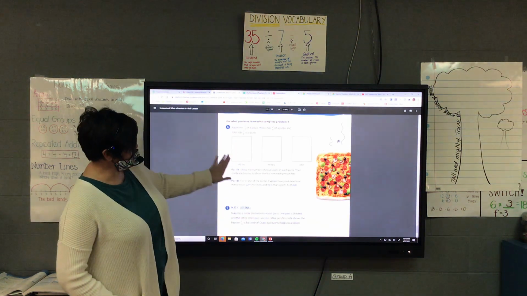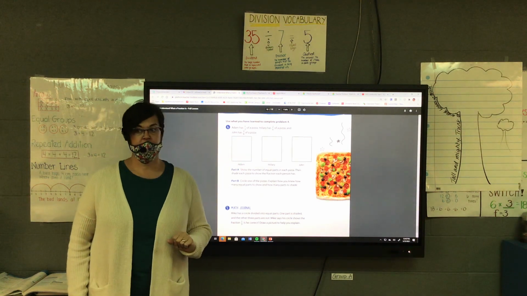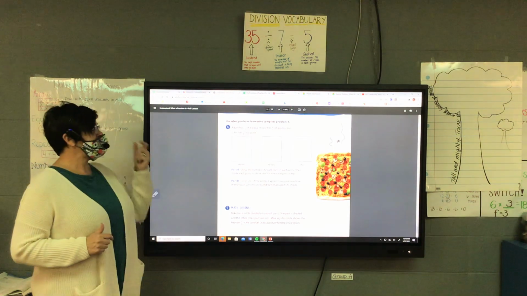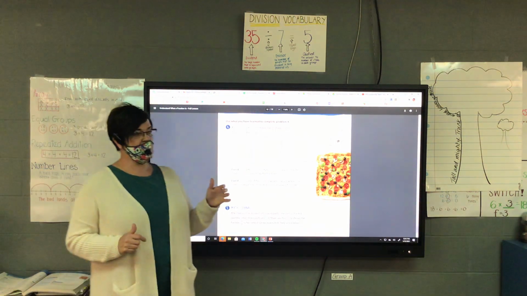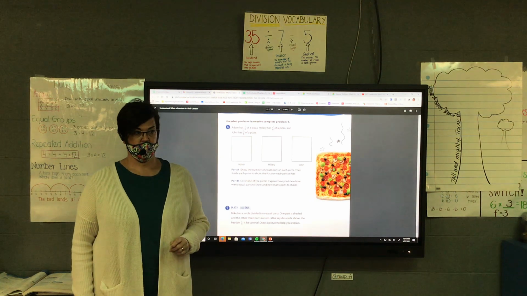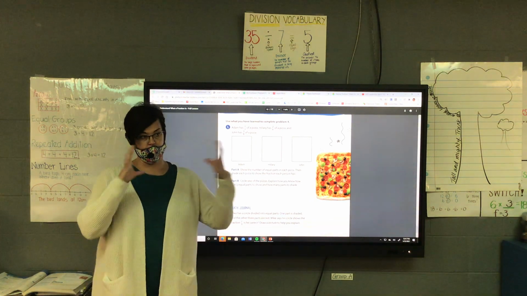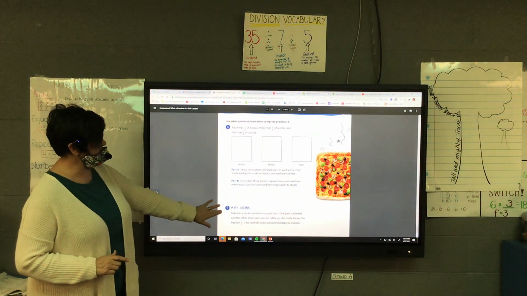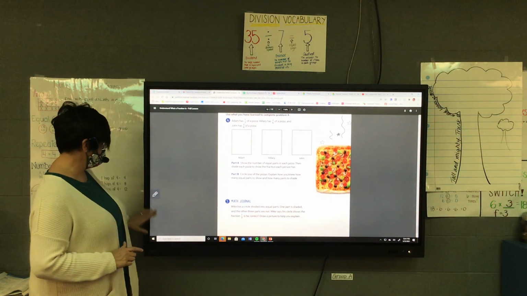So we're pretending this is his pizza. It's a rectangle shaped pizza. How many equal parts does he have his pizza split into? The whole pizza for Adam. How many equal parts is his pizza split into?